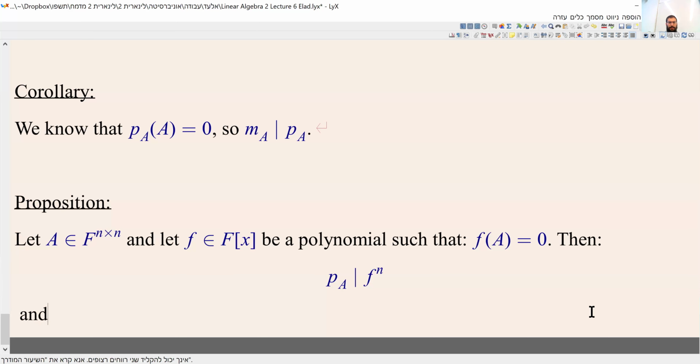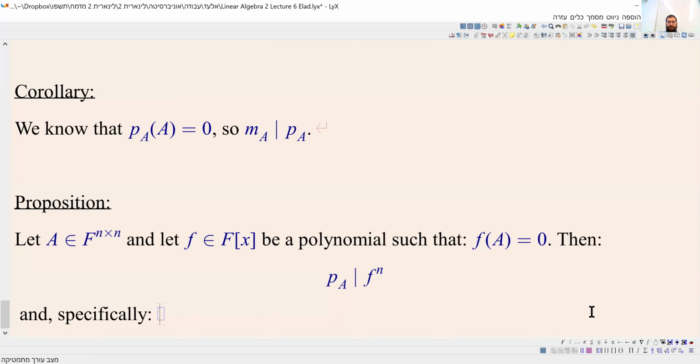Specifically, if you take the minimal polynomial and look at the nth power of it, where n is the order of the matrix again, then it is divisible by the characteristic polynomial.